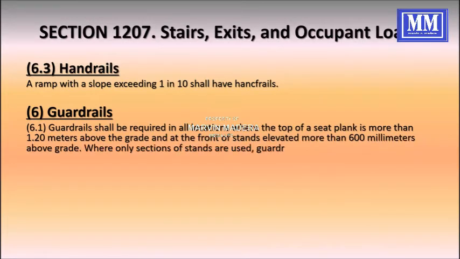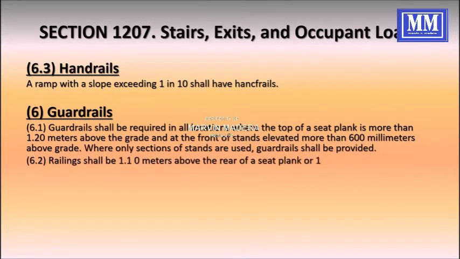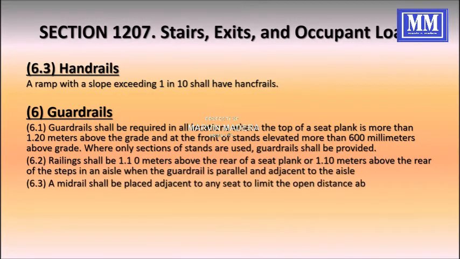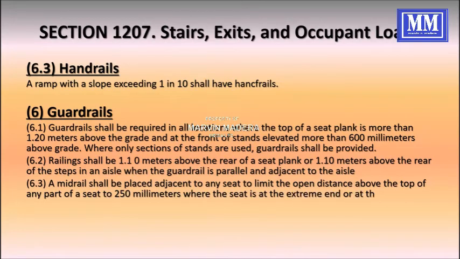Guardrails. Guardrails shall be required in all locations where the top of the seat plank is more than 1.2 meters above the grade and at the front of the stand elevated more than 600 millimeters above grade. Where only sections of stands are used, guardrails shall be provided.